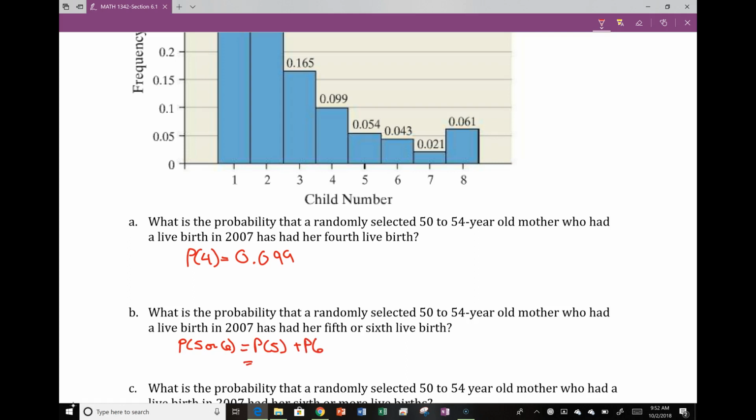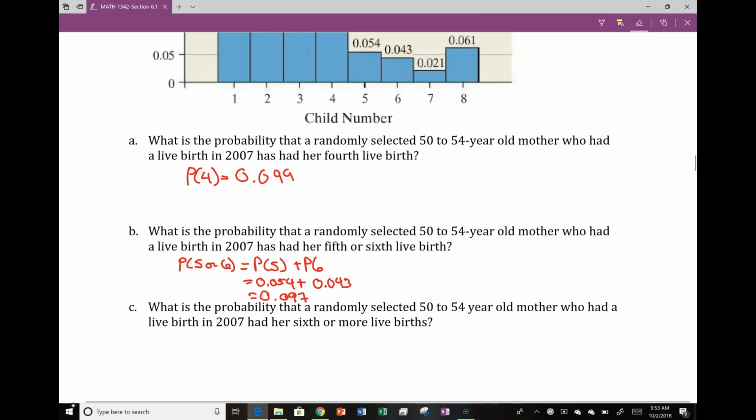So 5 was 0.054, and the probability of 6 was 0.043. We add these together, and we get that the probability that the woman has had her 5th or 6th live birth is 0.097.